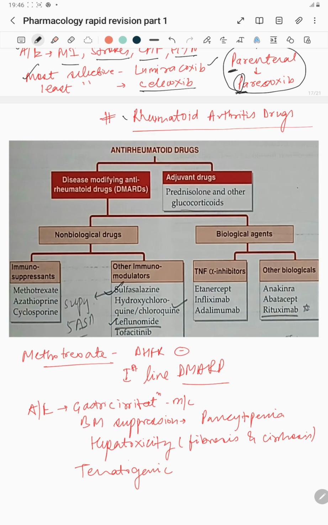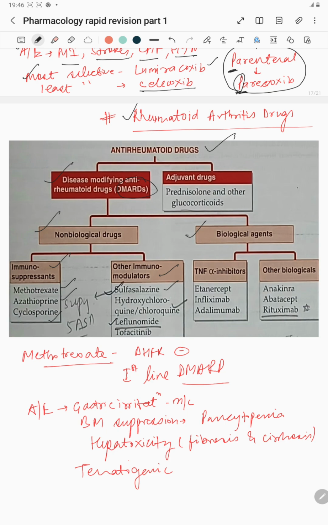Now we'll discuss two important clinical conditions and their related drugs. Rheumatoid arthritis. The anti-rheumatoid drugs include the first class, disease-modifying anti-rheumatoid drugs, DMARDs, which are non-biological agents and biological agents. Non-biological agents further include immunosuppressants. First we give methotrexate as a first-line drug, azathioprine, cyclosporine.